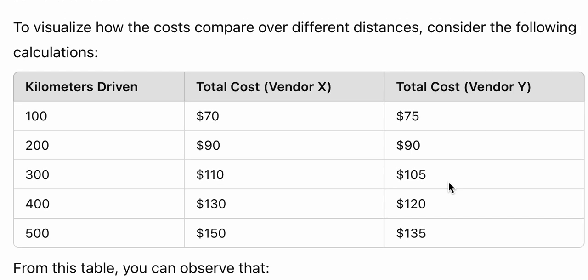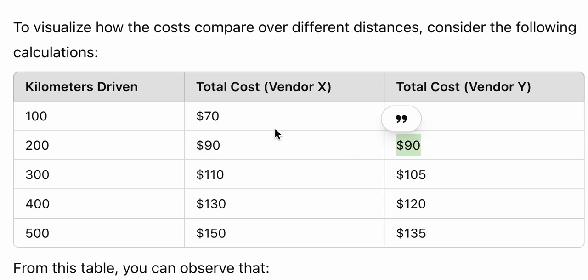So what's the conclusion from looking at the table? If your driving distance is less than 200 kilometers, it is advisable to stick with vendor X, because his price is 70 for 100 kilometers. At 200 kilometers, you both end up the same.